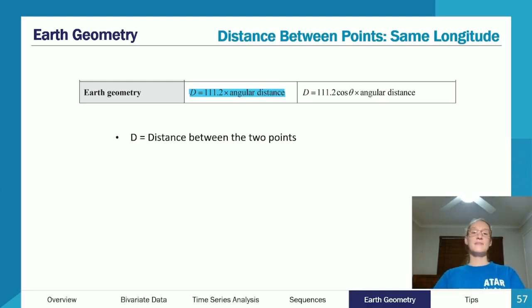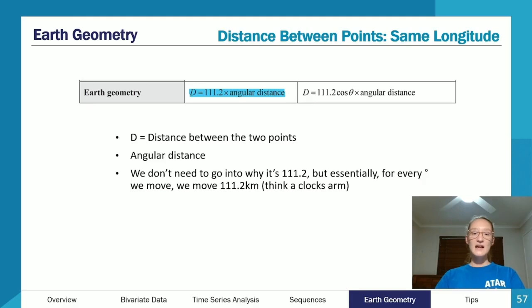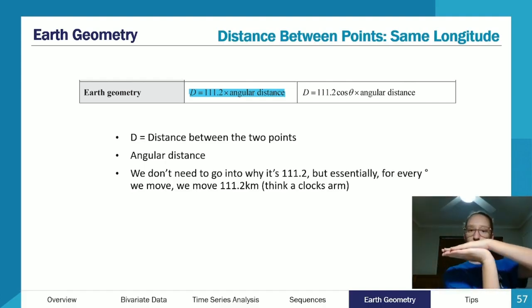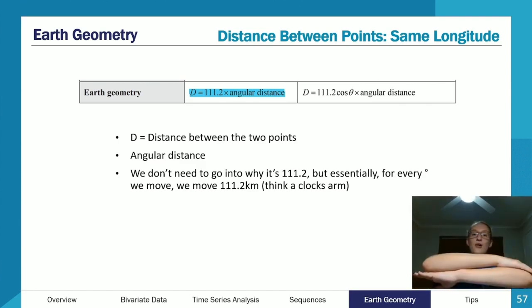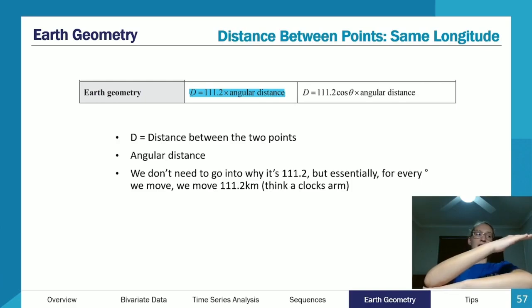So D, again, is the distance between 2 points. Angular distance is sometimes referred to as AD. The 111.2, we don't need to go into a lot, but essentially what that's saying is that for every degree that we move away from the equator, we're moving 111.2 kilometers. So think like a clock arm. If I move the clock arm 1 degree, that means the distance here has moved 111.2 kilometers.